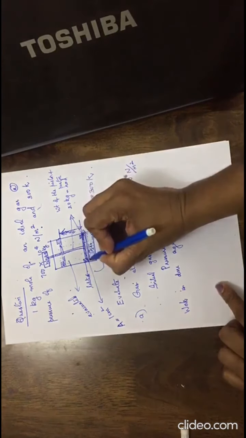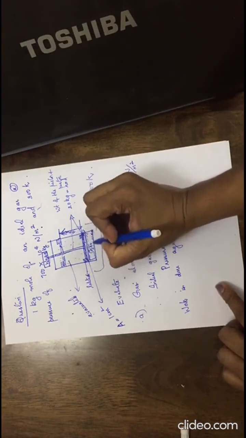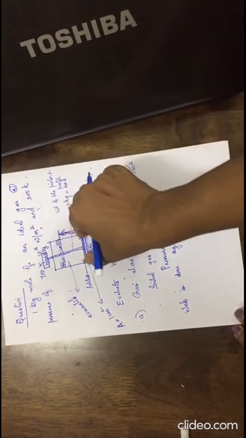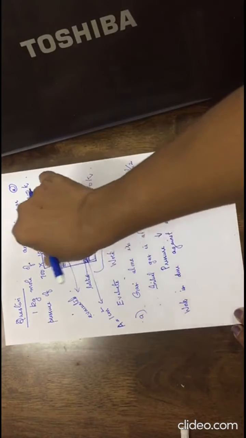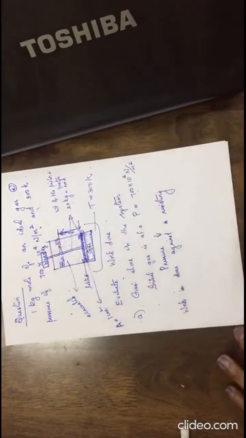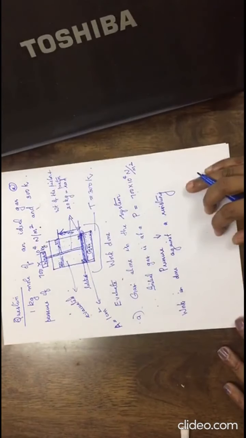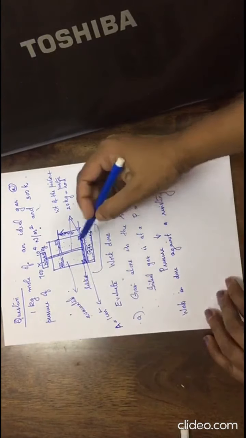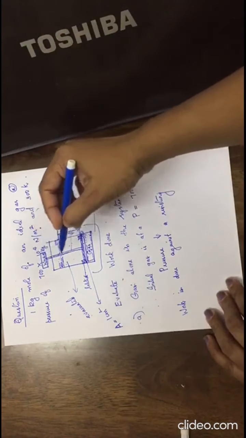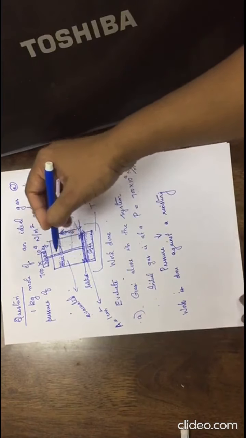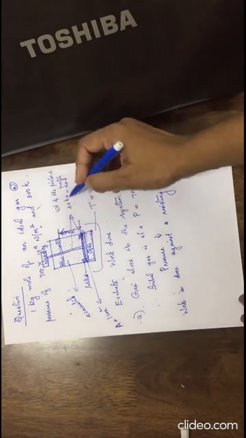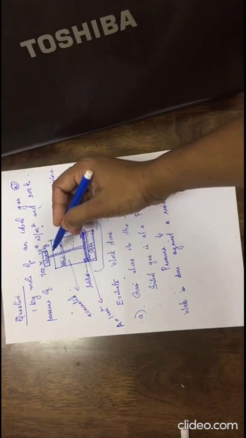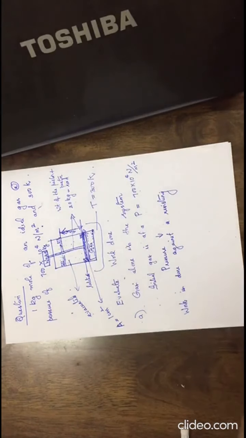Gas confined in the cylinder, this is the system boundary, and the gas alone is the system, assuming the piston rod plus weight are contributing to the external resisting pressure. So the work during the expansion of the gas is done against the resisting pressure contributed by the piston rod weight, that is 20 kilogram, plus the additional weight, that is 45 kilogram, placed on the top of the piston.